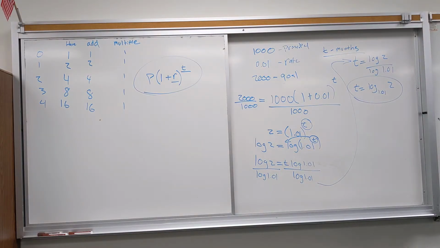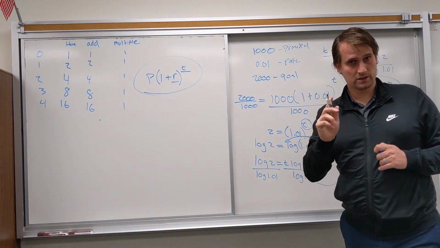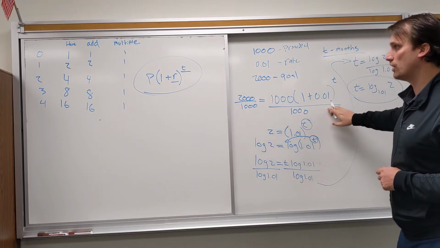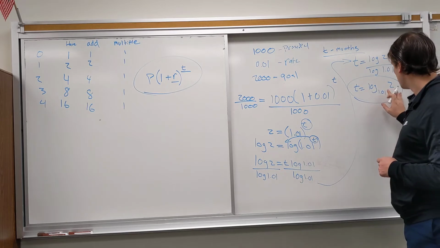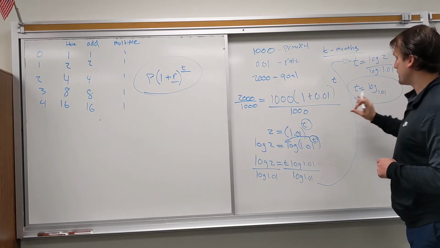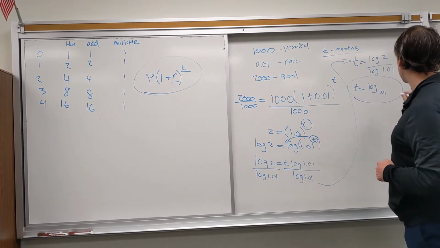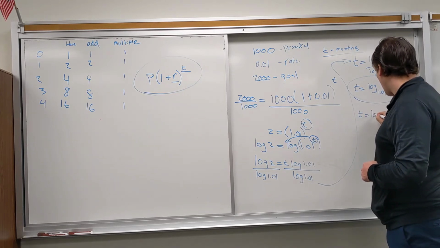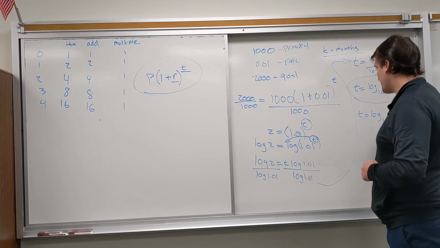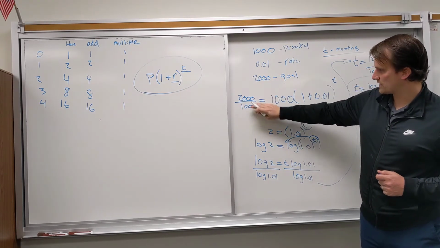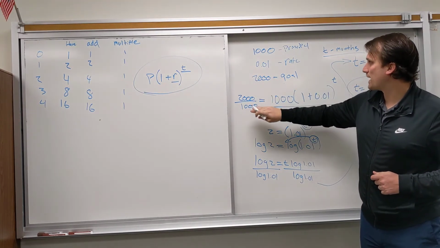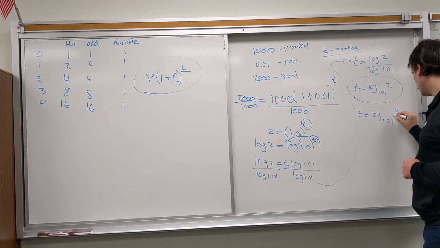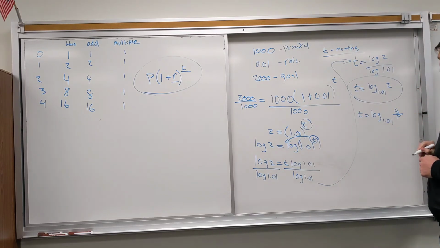Now, I'm going to do a quick substitution so I can show you how we can get our answer just in terms of our initial values. So instead of 2, we know that we got 2 from 2,000 over 1,000. So t is equal to log base 1.01 of 2,000 over 1,000. That's our goal divided by our principal.